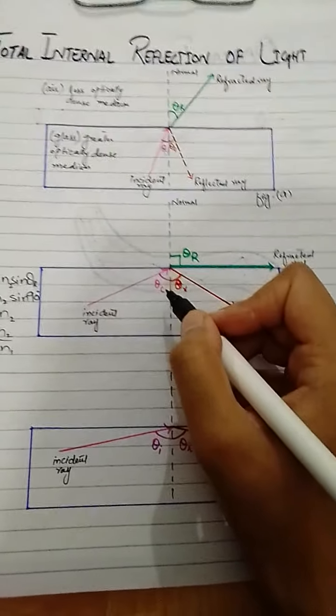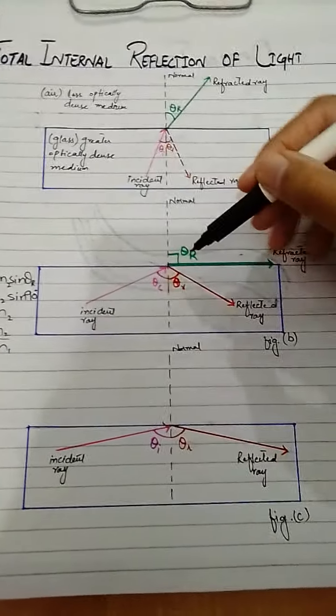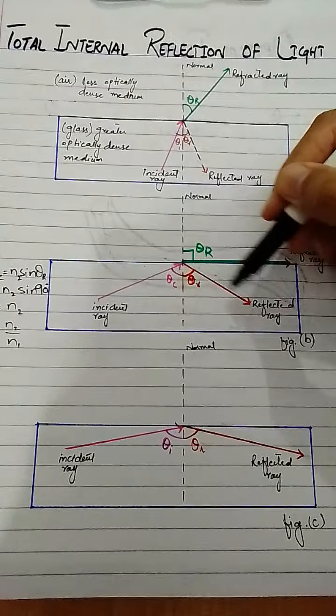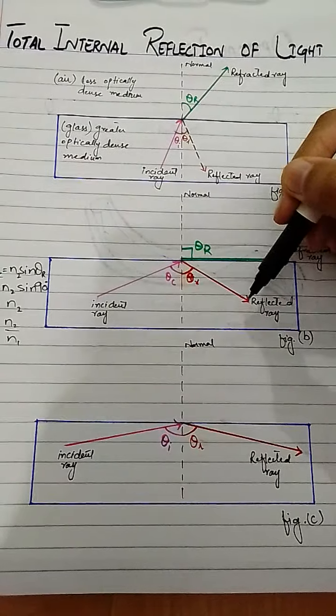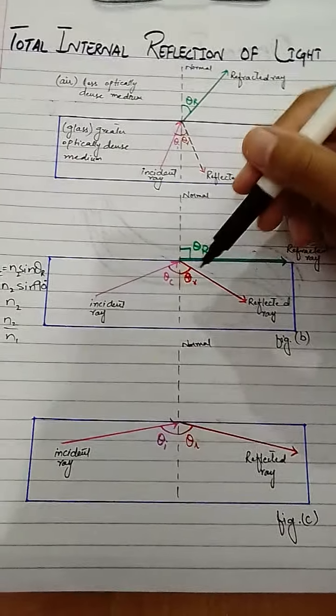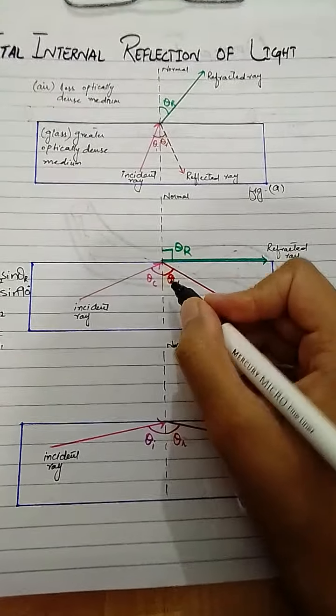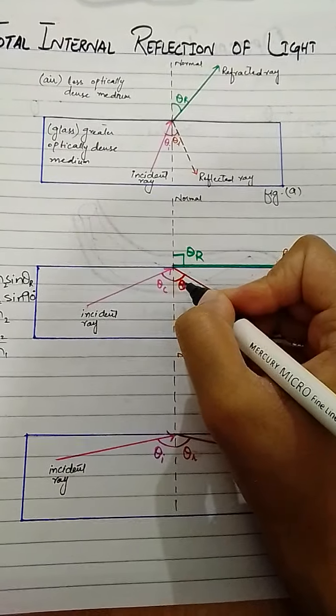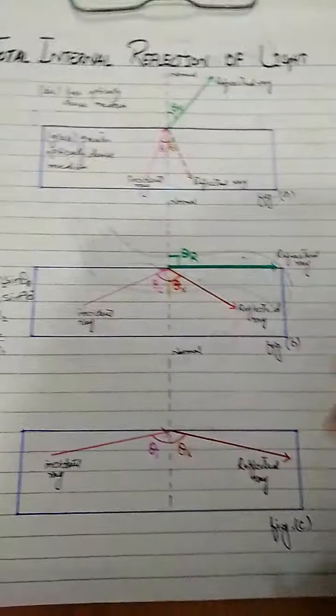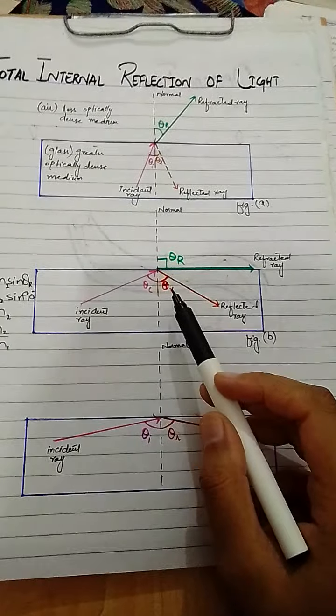Okay, and in this case we get a reflected ray as well. The ray denoted by the red arrow here is the reflected ray. And this angle theta r, small r, is the angle of reflection.